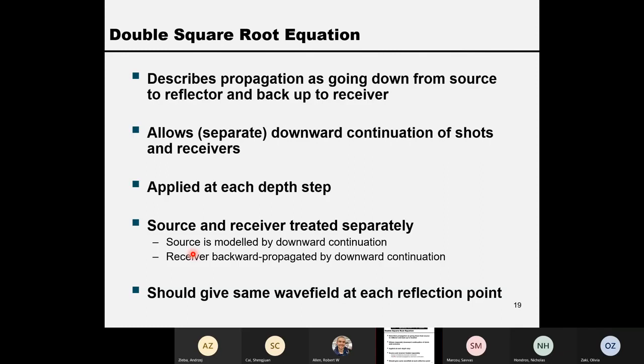In the Prestack migration image condition, we assume the subsurface interface is a so-called exploding interface. We assume the source point is at the reflector. You gradually move down to the source point, so you know exactly the reflector, right?